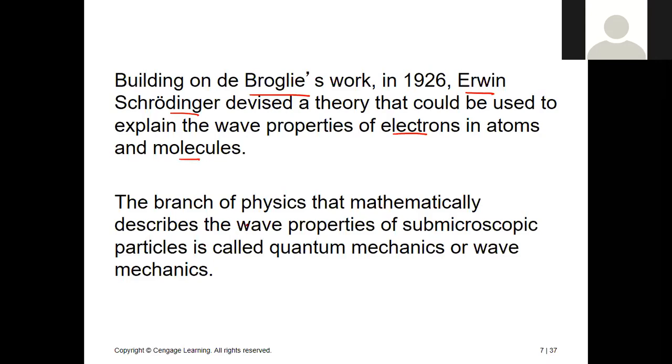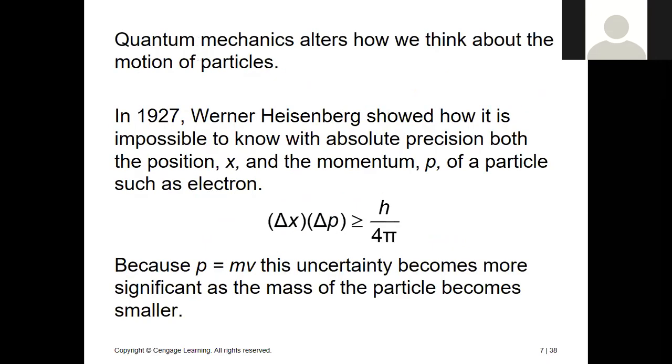And he devised a branch of physics that mathematically describes the wave properties of submicroscopic particles. And that's what we call quantum mechanics or wave mechanics. Now, the thinking of this quantum or wave mechanics alters how we think about the motion of particles.